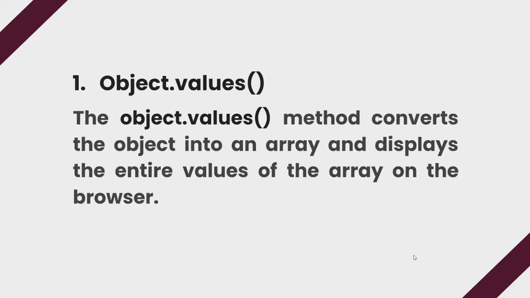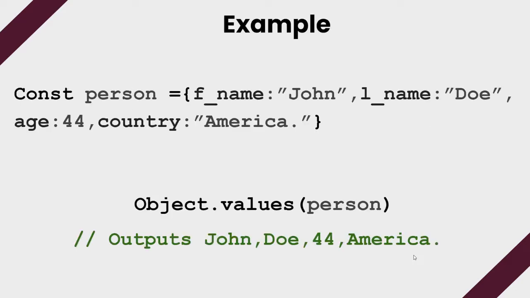So for the Object.values, this particular method converts the object into an array and displays the entire values of the array. So this particular one would convert the object from an object data type to an array, and then it would display the entire values within that array, since it's not an object anymore. Okay, so here's a quick example of an object, and you can see that this example here is the very first object example we've had in today's class.